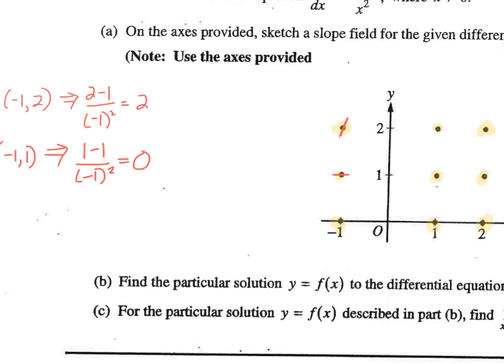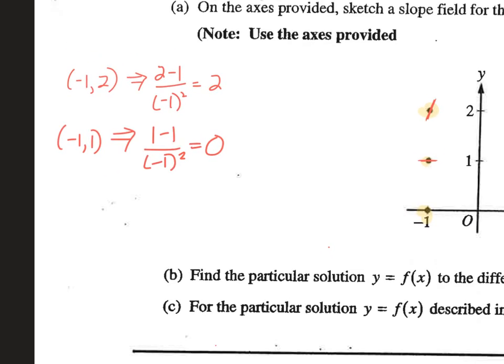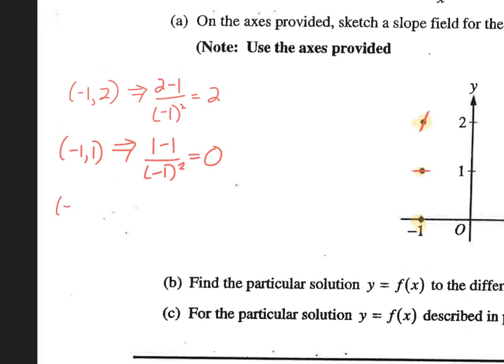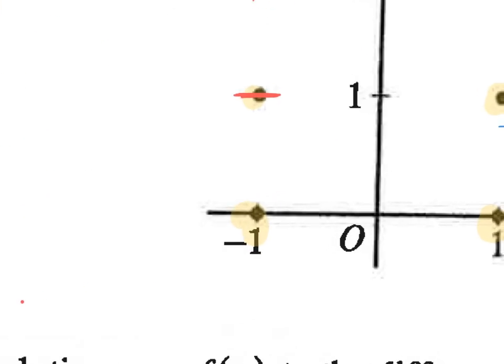And then the one right beneath that, -1, 0. So we'll get 0 minus 1 over -1 squared. So that would be -1. So we will graph a slope of -1, which is pretty much a 45-degree angle, sloping downwards.